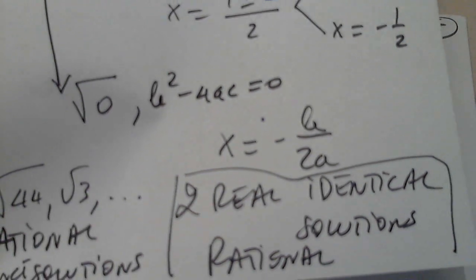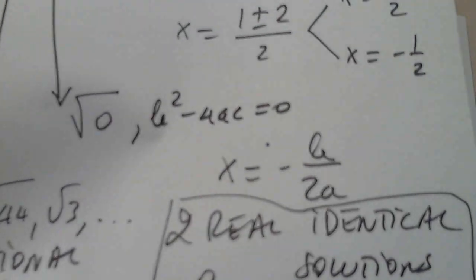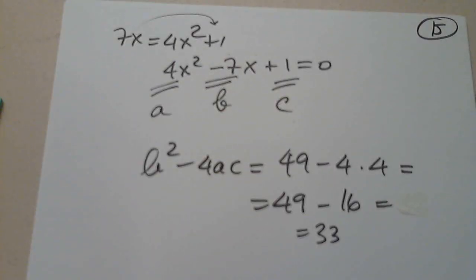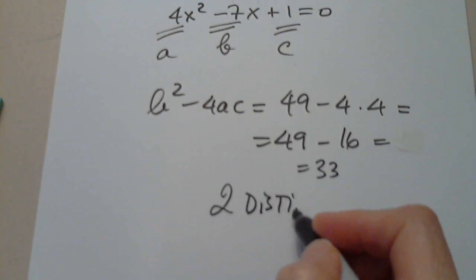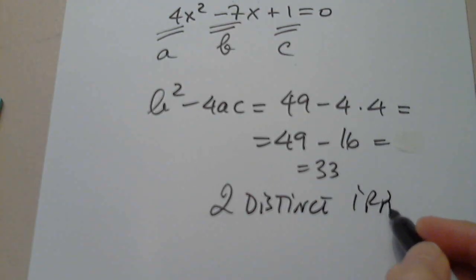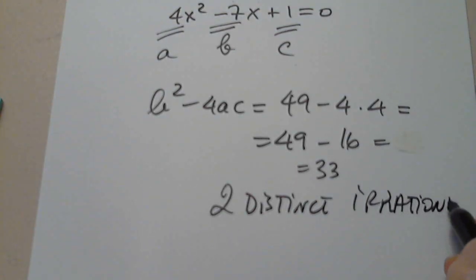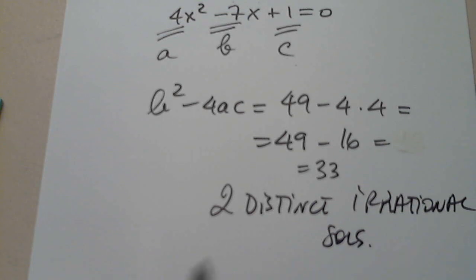Last option, two distinct irrational solutions, because it will stay as the square root of 33. Two distinct irrational solutions. So I already know what to expect.